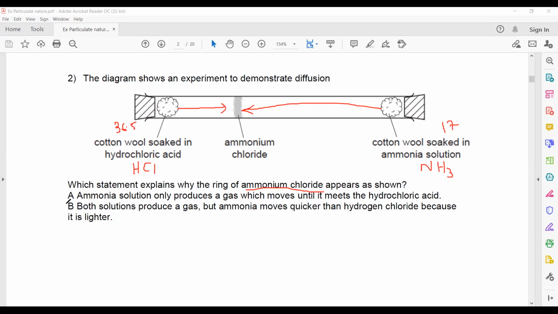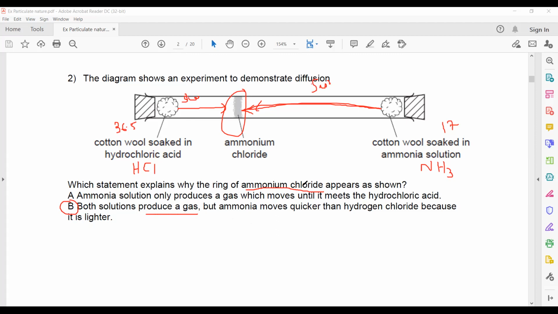So the right answer is option B. What happened? Both are solutions, but these solutions produce a gas. Why do they combine at this point? Because ammonia gas will move faster, whereas HCl will move slower. That's why option B is the right answer.